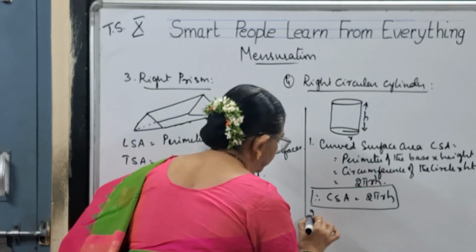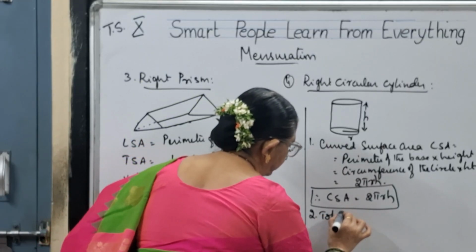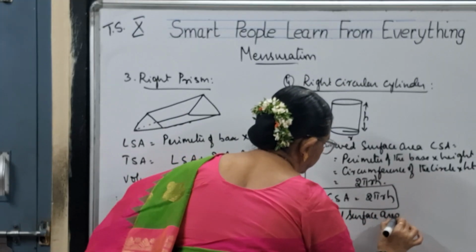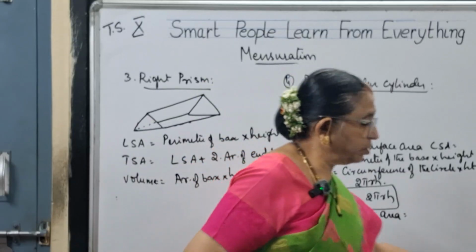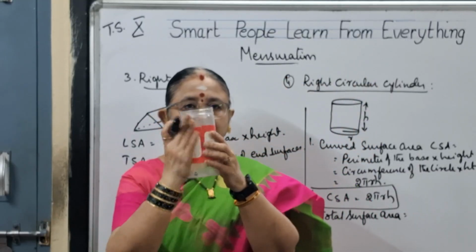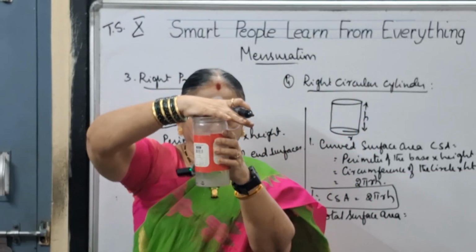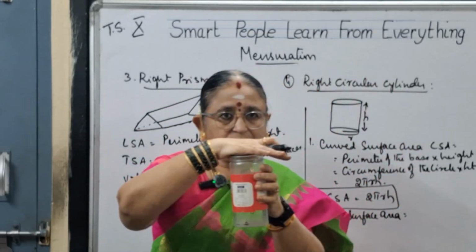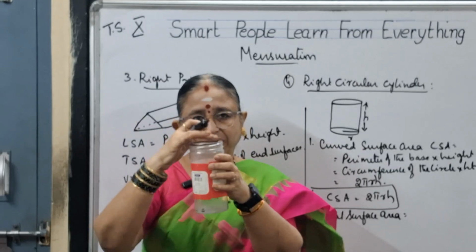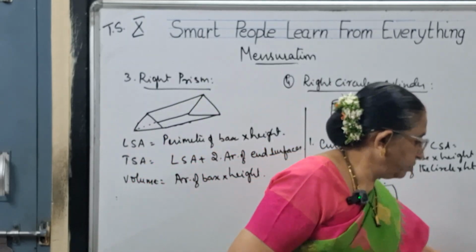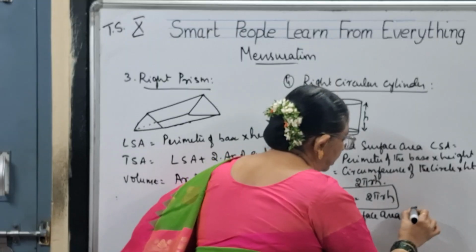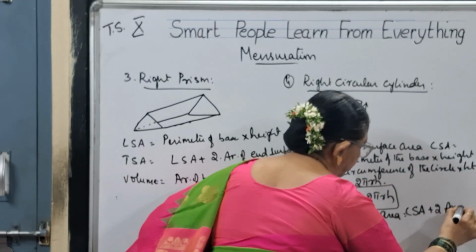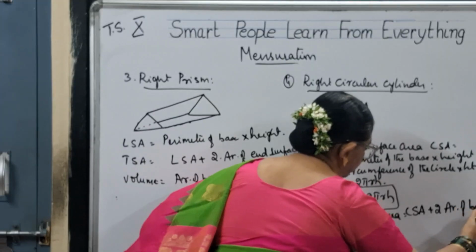And the second one, total surface area. Total surface area means this curved surface area, plus the area of the top as well as the area of the base. So top and base are circles of the same radius. So we will say CSA plus twice the area of base.